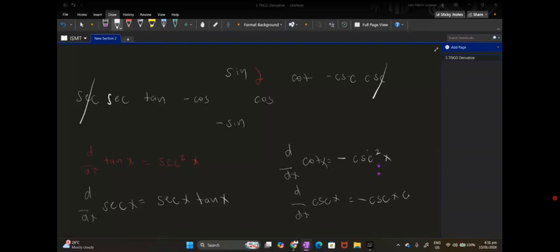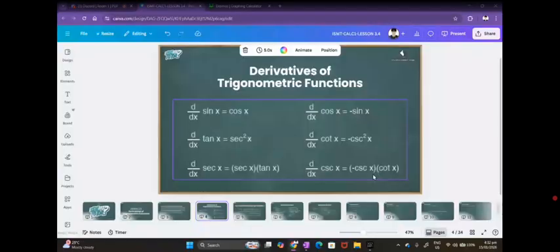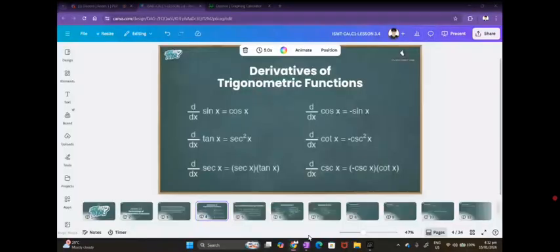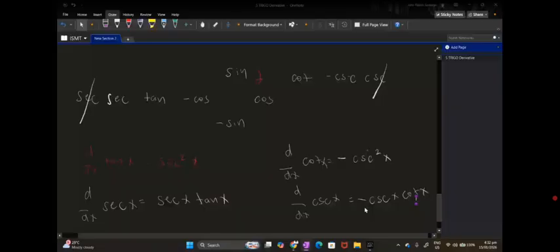When we look here, the PPT, it's the same, di ba? Derivative ng tangent, secant squared. Derivative ng secant x is secant x tangent x. Cotangent, negative cosecant squared x. Then derivative ng cosecant x is negative cosecant x cotangent x. So that's the easiest way to remember.